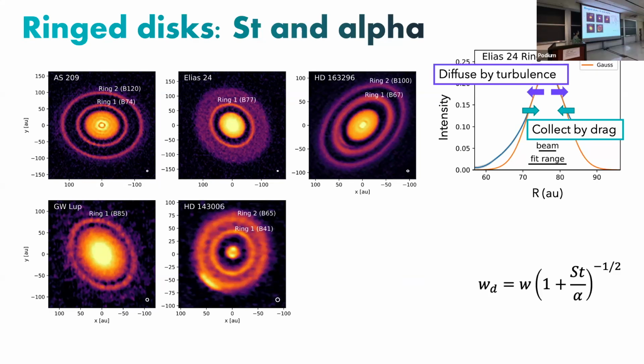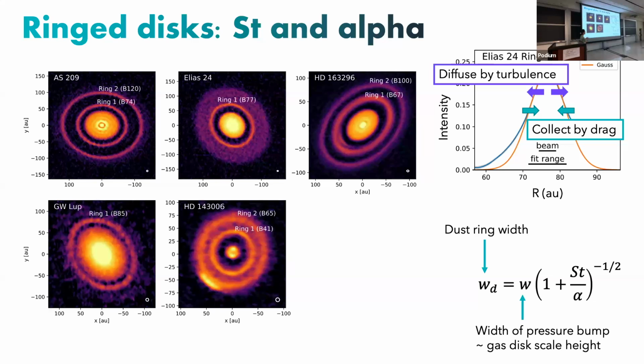This allows us to write down the width of the dust ring, which you can measure, with respect to the width of the gas pressure bump, which is on the order of the gas disk scale height, because that is the characteristic length scale of perturbations within the gas.